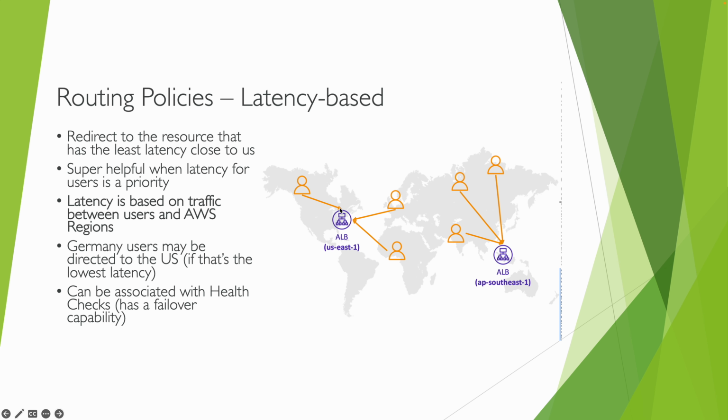Say we have two regions, US East 1 and AP South 1. So we have created two instances here in AP South 1 and US East 1. This application is being accessed globally, so all the people in the world are accessing this application, and it is hosted in these two regions.